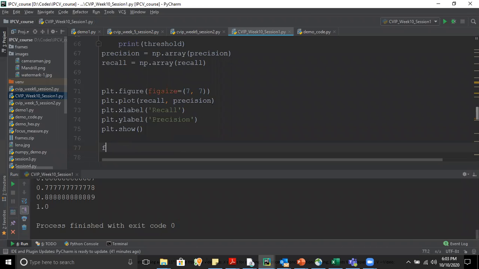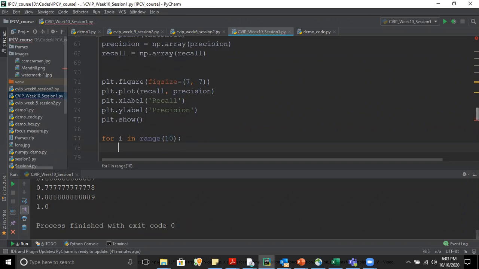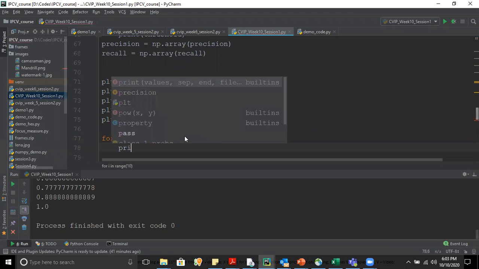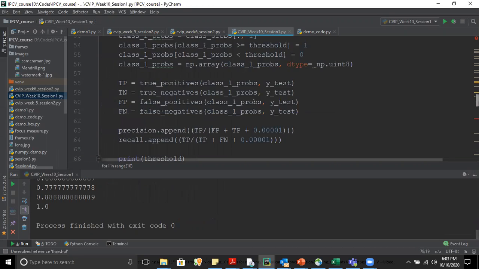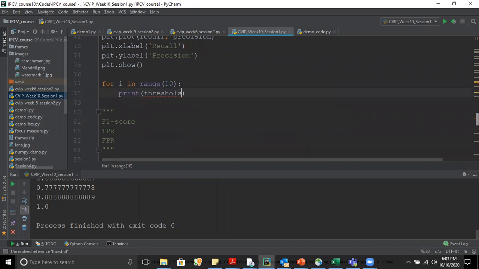I'll put it in a loop and print the threshold. What is the name of this array of threshold? Thresholds. Thresholds of i, precision of i, comma, recall of i.